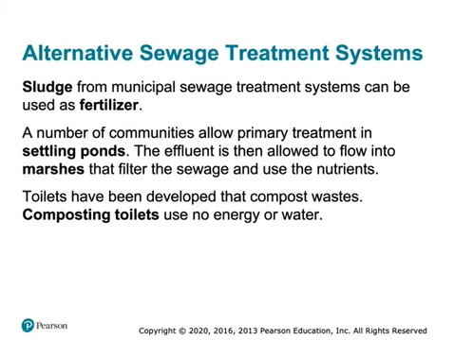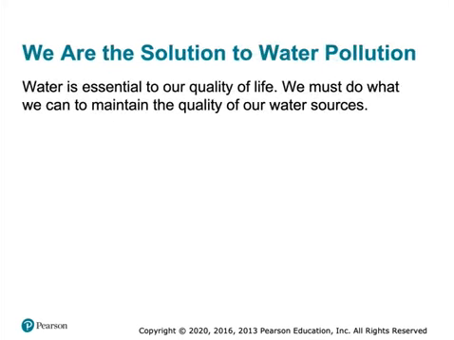Okay, so alternative treatment systems. We can take the sludge and use it as fertilizer. This is used in many areas of the United States. You can use settling in ponds and then let the effluent go into marshes, and also use compost toilets that do not require additional energy or water.